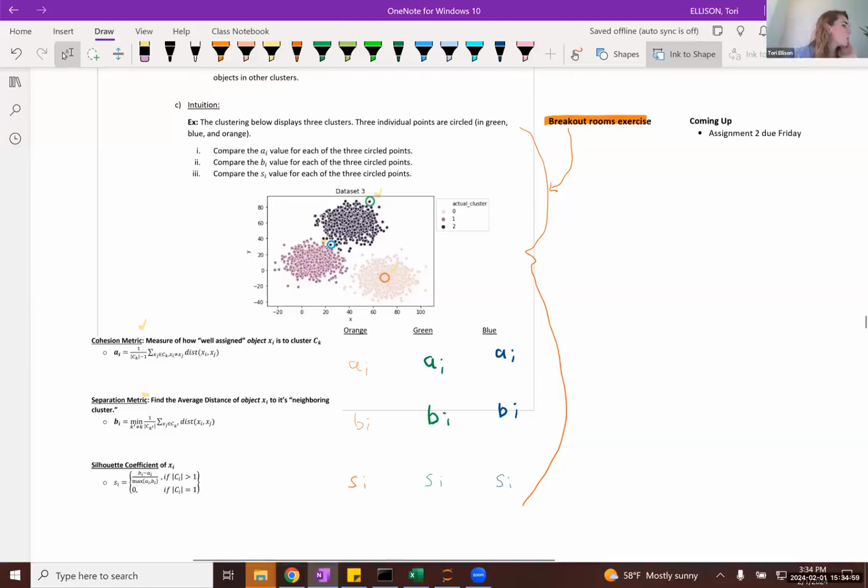Okay, so I'm going to open up the breakout rooms, and again, try to select a room with about 4 people. And again, in the interest of time, I'm just going to start randomly assigning people. But again, you can change your group.